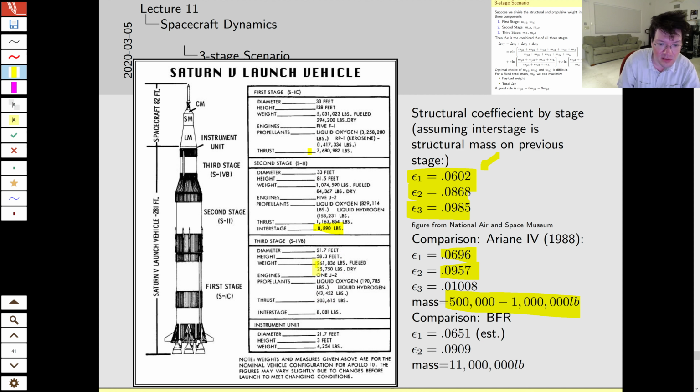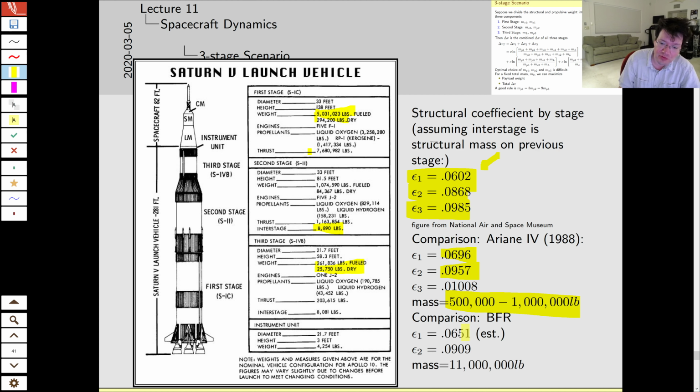Oh, there it is. The total weight of the Saturn V is 5 million pounds, and the mass of the Ariane 4 is between 5 and 1 million pounds. So it's just a bigger rocket, and that's why you get a slightly better structural coefficient.